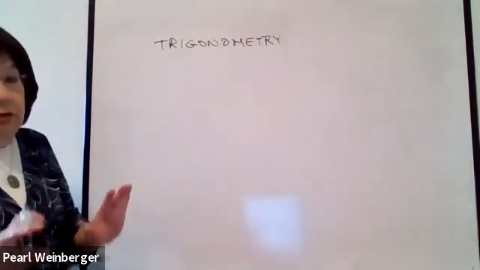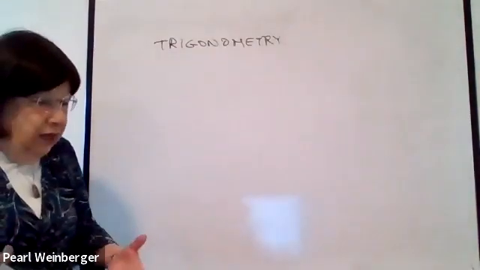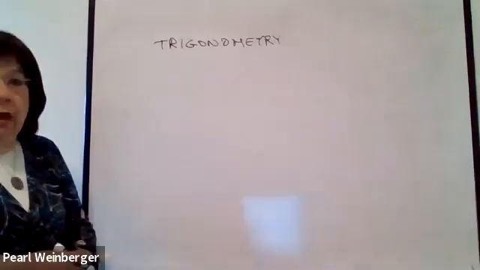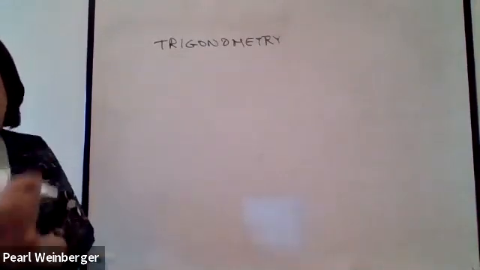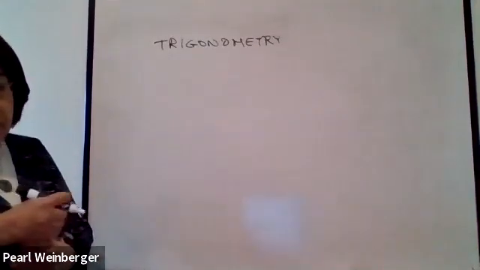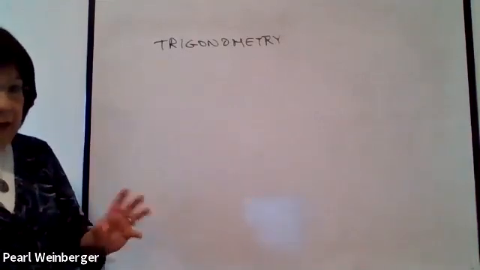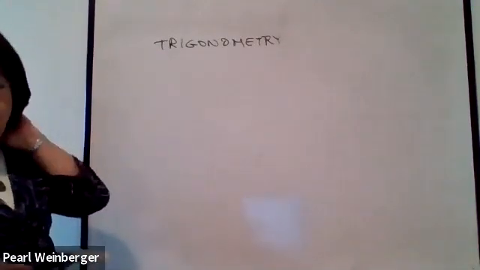There are 6 terms that we have to learn how to use, to know what they are and how to figure them out. There are what we call 3 primary trigonometric functions, and there are 3 secondary trigonometric functions. Let's start with the primary ones, the more important ones.